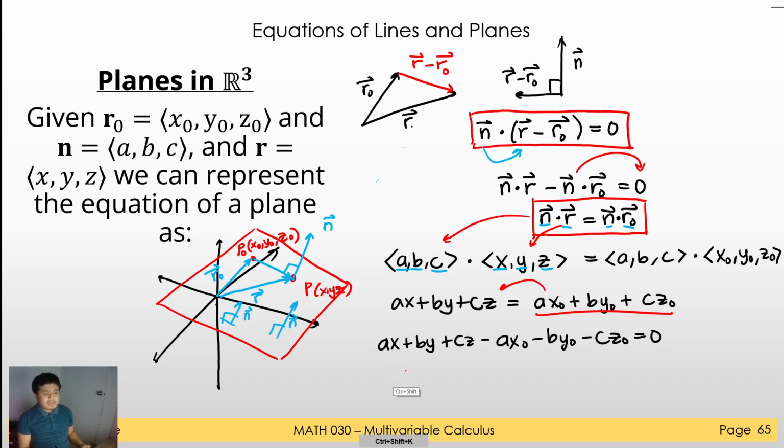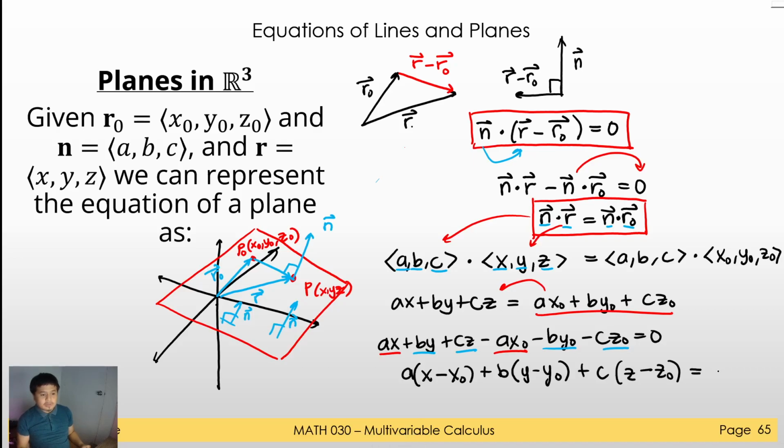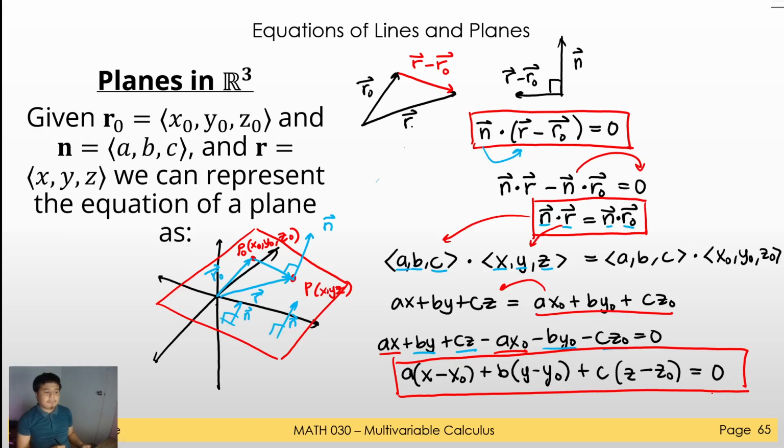Grouping this, we have a times x minus x sub 0, and then b times y minus y sub 0, plus c times z minus z sub 0 is equal to 0.